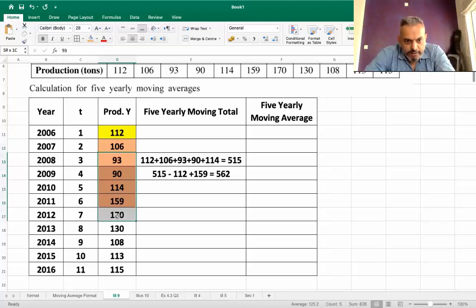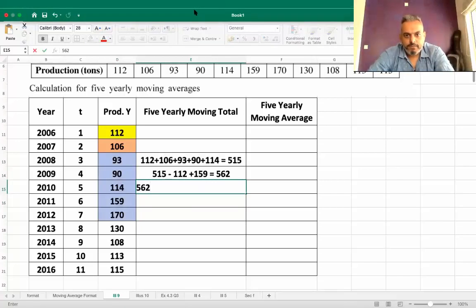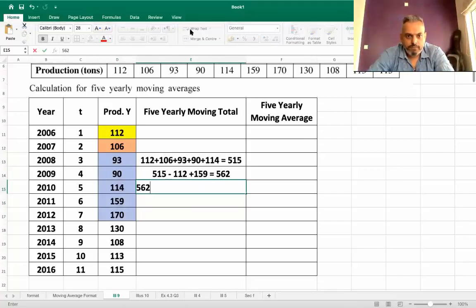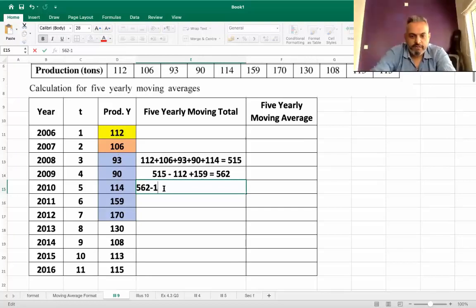Now, another 5. Again, I'll change the color. Now from 562, I want to eliminate the first one over here. So you eliminate 106, yes, 106, and you add 170, which is minus 106 plus 170, 626.